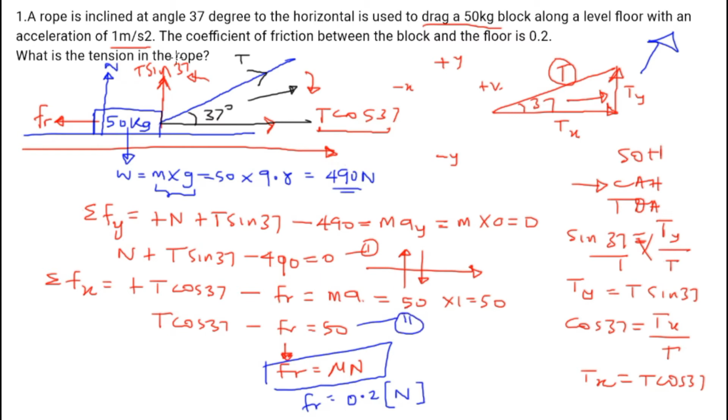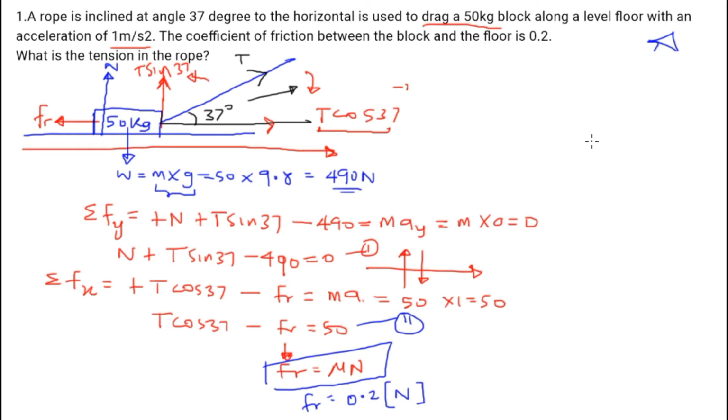From equation 1, let's find an expression for N. To make N the subject of the formula, I will need to add 490 to both sides of the equation and then subtract T sine 37 from both sides. Or I will need to take T sine 37 to the other side and 490 to the other side, so that I will have something of this nature: 490 minus T sine 37 degrees.